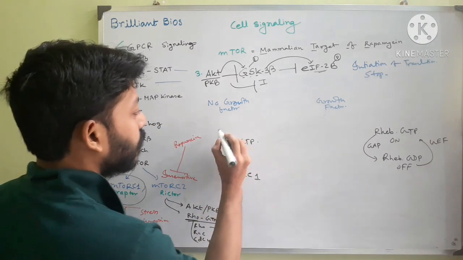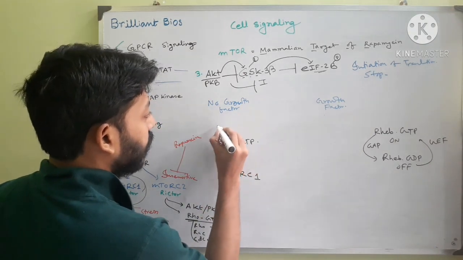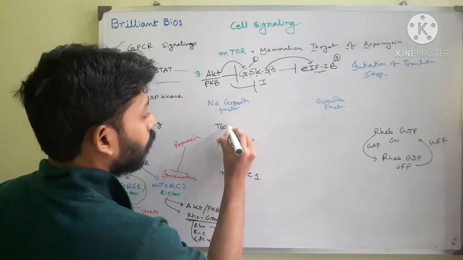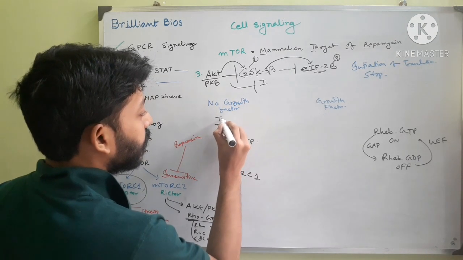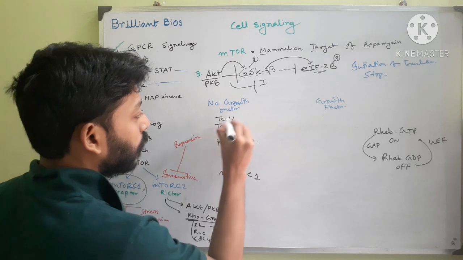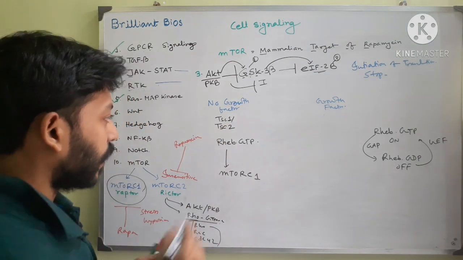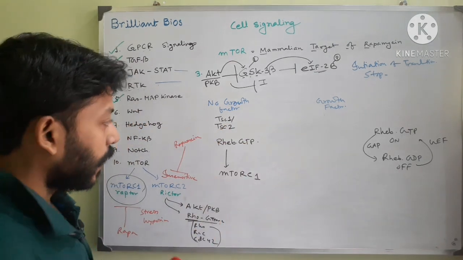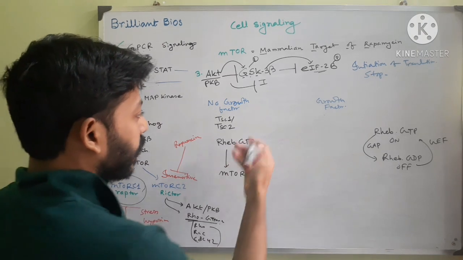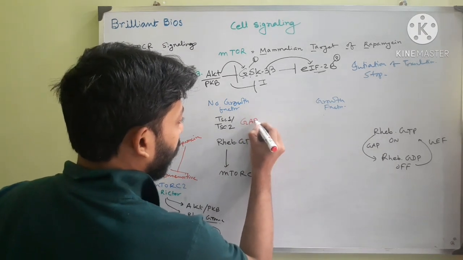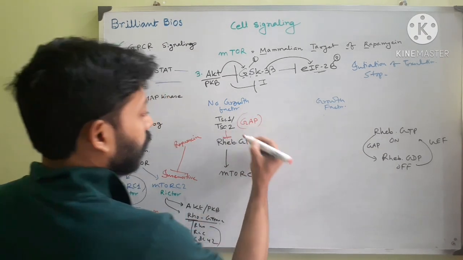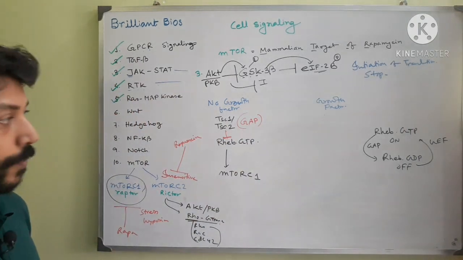Here the GAP is called TSC2 or the TSC1 complex. Both proteins associate, but TSC2 is very important. This is the GAP protein that prevents RHEB GTP.